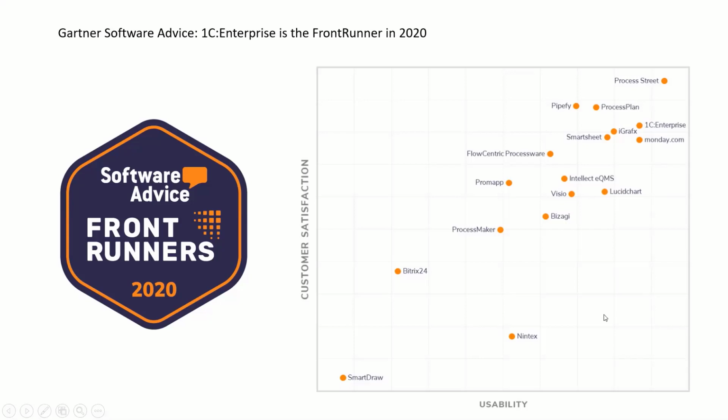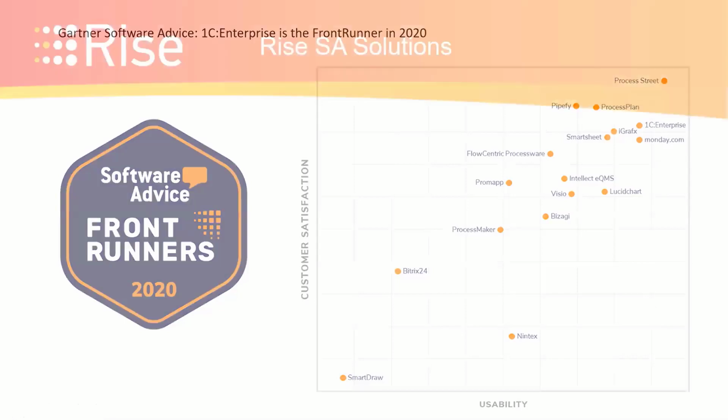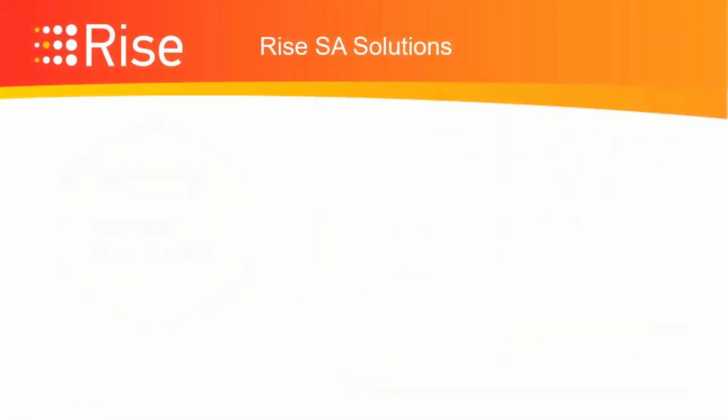What it means is that end users as well as partners rate the software according to customer satisfaction and usability. Then Gartner takes all the scores and maps all the other software on what is called the Magic Quadrant. That is quite a cool achievement.